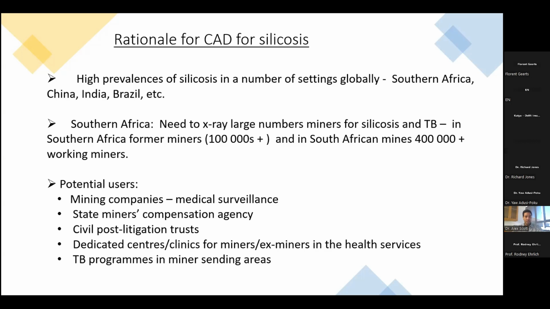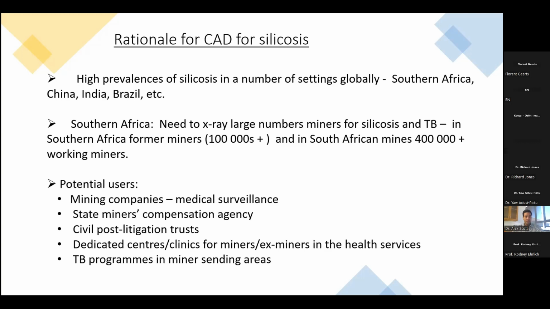The class action suits or the litigation has resulted in trusts, which are civil or private agencies, which have the same mandate. And the latest is the Tshiamiso Trust, which the award was 12 billion rand, about $330 million, to find all the miners who have worked for the defending companies over the past 50 years, examine them and see their eligibility.